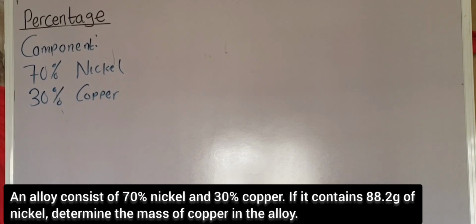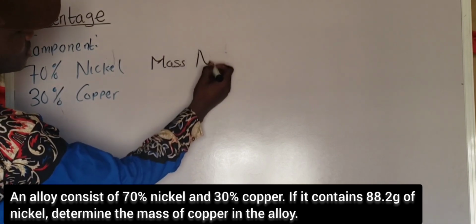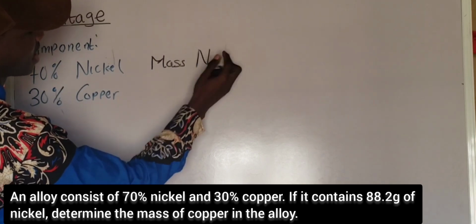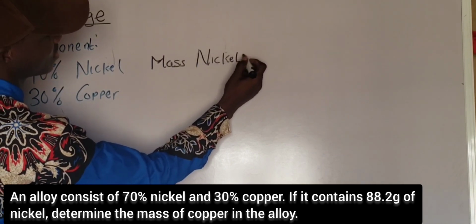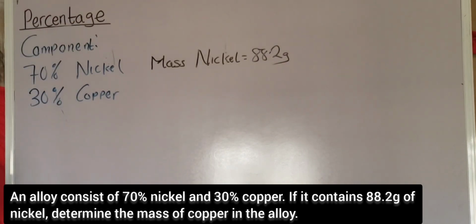You understand? So let me put it, the mass of nickel, Ni, is 88.2 grams. Now we are asked to determine the mass of the copper present here.